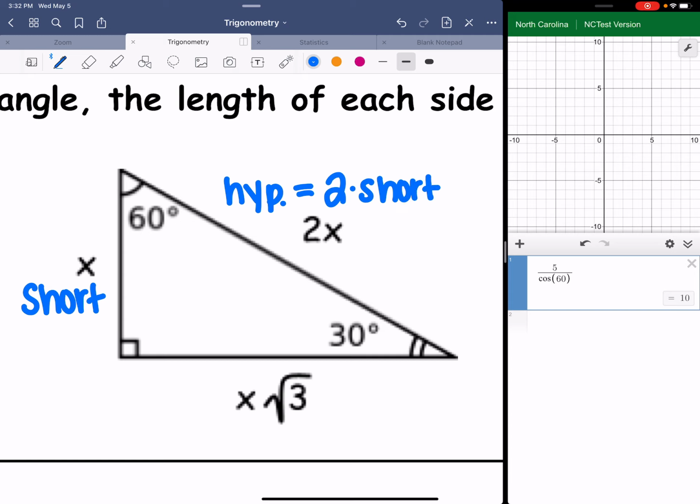And the long leg is the short leg times the square root of 3. And that's the relationship between them. Based on your short leg, the hypotenuse is double that, and the long leg is the short leg times square root of 3.